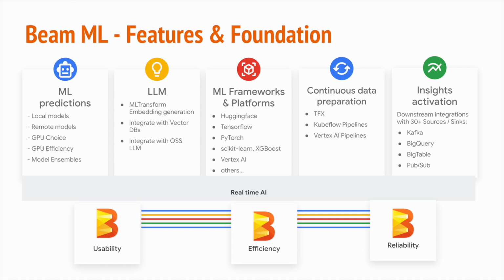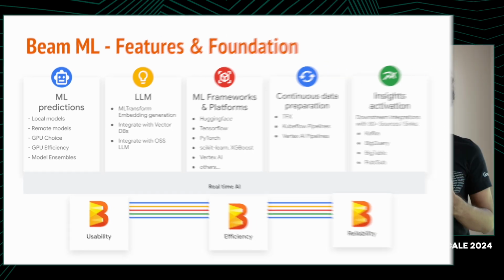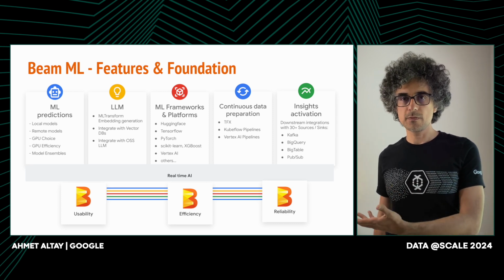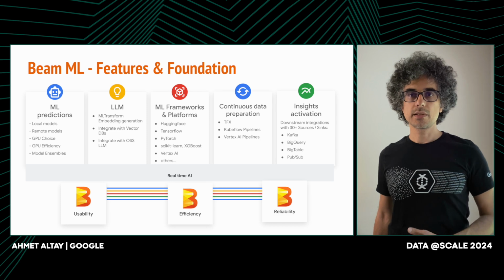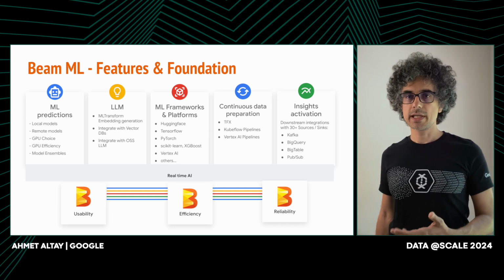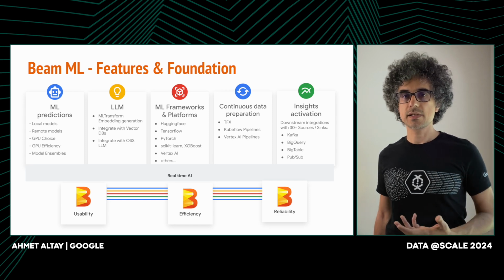It offers vector DB integrations, integrates with open source LLM frameworks, and at the same time, it generates embeddings for a number of different frameworks. Similarly, it integrates with ML frameworks and platforms like Hugging Face, TensorFlow, PyTorch. It integrates with a number of continuous data preparation tools like TFX and Kubeflow. Finally, it integrates with a number of connecting systems like Kafka, PubSub, BigQuery, etc. to make it easy for you to access your data from anywhere.